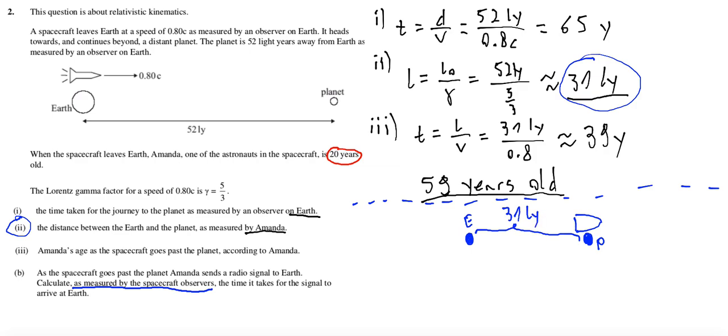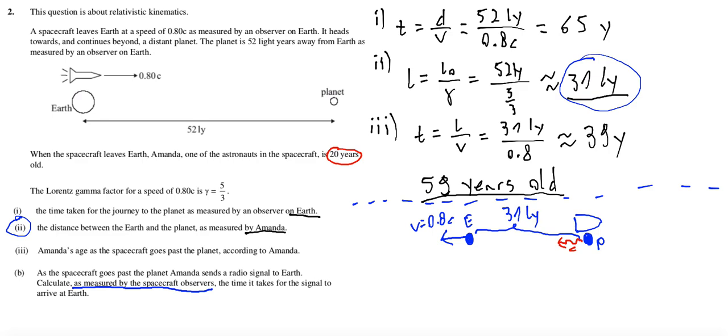But from the perspective of Amanda, Amanda is stationary and her spacecraft is stationary. Earth moves away with speed 0.8 c. So if the radio signal travels towards the Earth with speed of c, Earth escapes from this radio signal with speed 0.8 c.